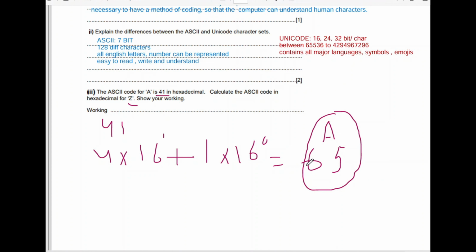Now they're asking you to calculate the value for Z. How many letters do we have in English from A till Z? We have in total 26 letters.